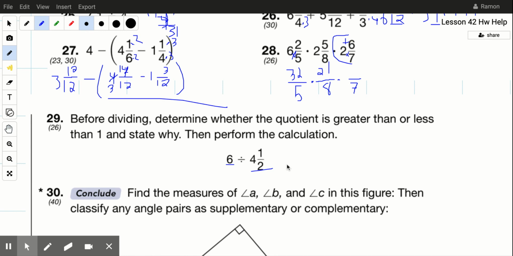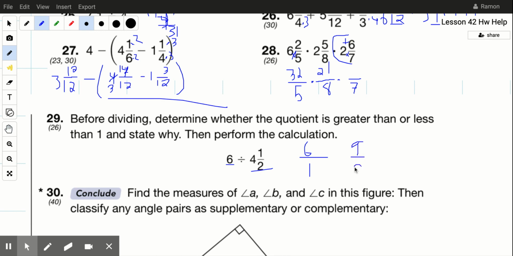Now, how can we perform the calculation without doing anything too tricky? Well, there's a lot of different ways we could do this. We could turn them into improper fractions and then do keep, change, reciprocate. We could double and then divide. I'm going to go with keep, change, reciprocate. So 6 is 6 out of 1. That's easy. And then 4 times 2 is 8. 8 plus 1 is 9. 9 over 2.